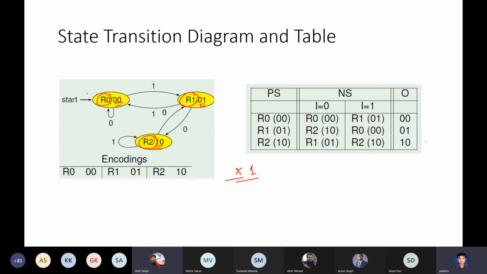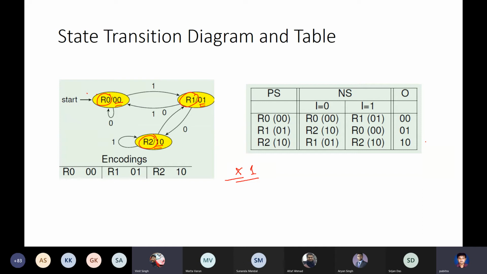So your job now, all of you quickly take your pen and paper and find out the D flip-flop realization. I'm keeping this diagram on the screen. You first quickly draw the Karnaugh maps. You have 3 states, so you'll need 2 flip-flops to store them.